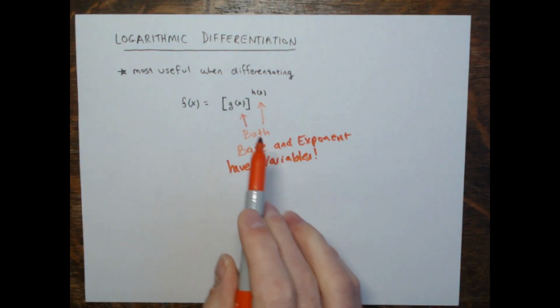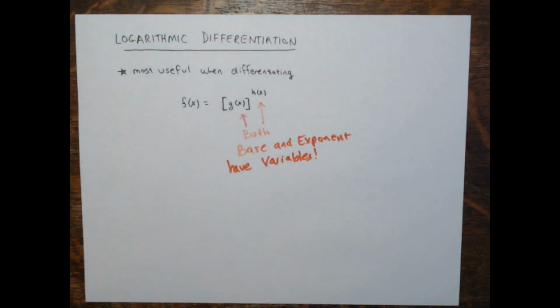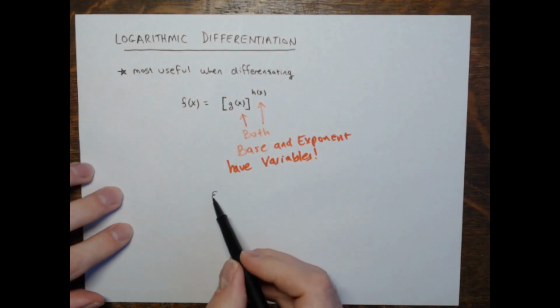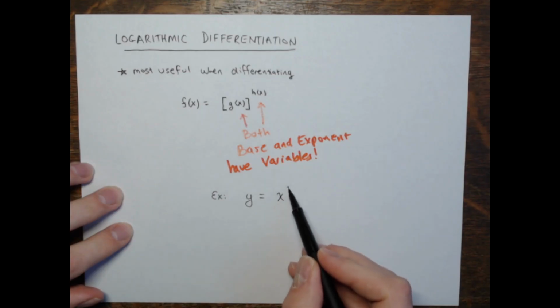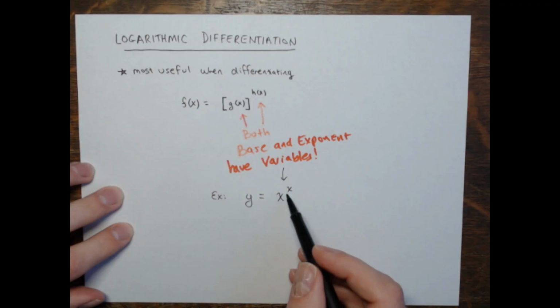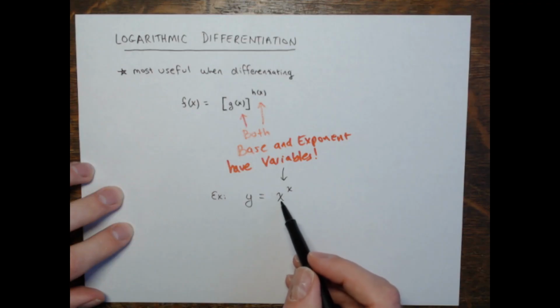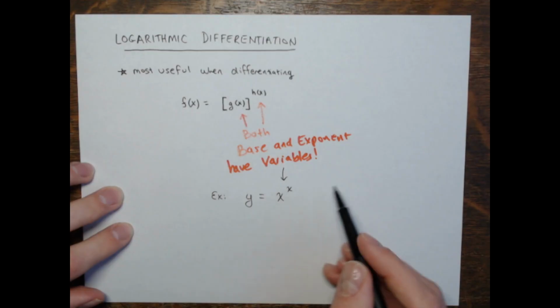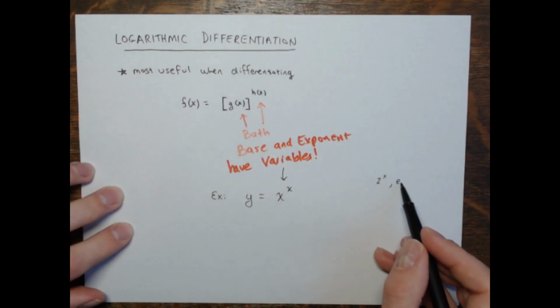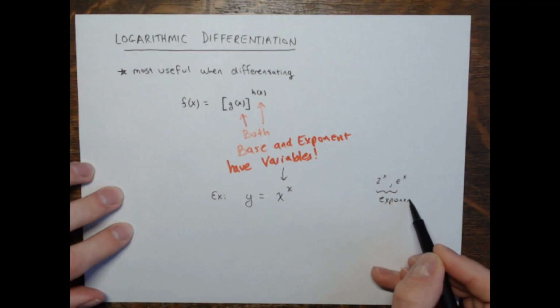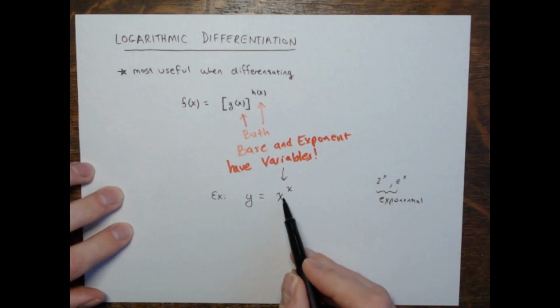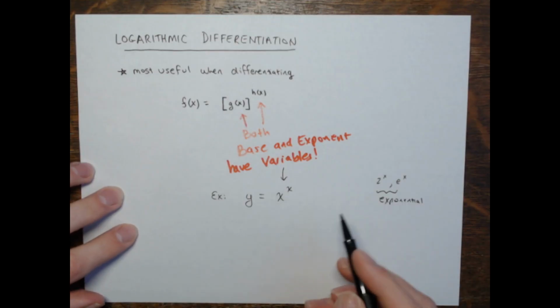Because if both the base and the exponent have variables, for example, f of x equals just x to the x power, this is not exponential. An exponential had a number base and a variable power, like 2 to the x, e to the x. And you can't use the power rule either.